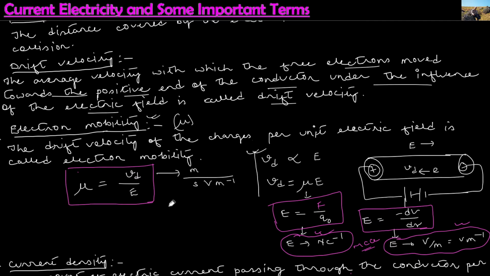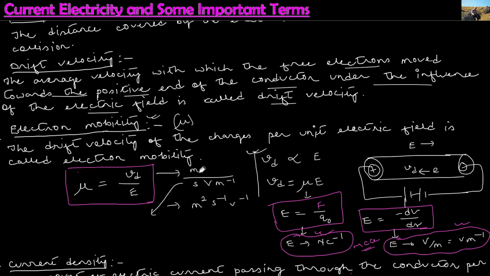When we simplify this, you get meter square, second inverse, volt inverse. If you recall from this step, what is this meter per second?